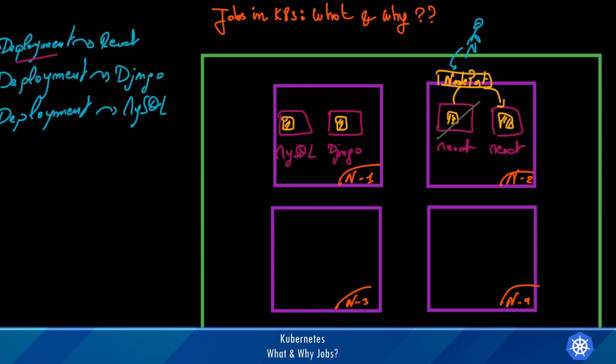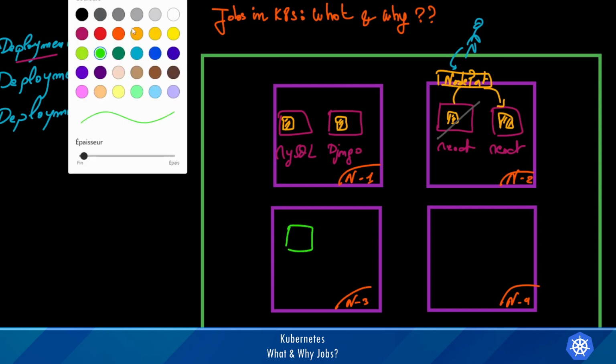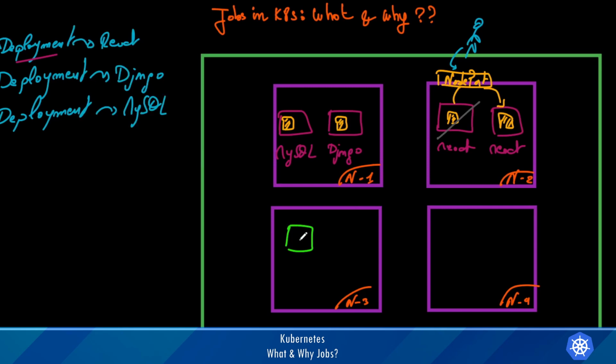But in other cases, we want to deploy applications, but we don't want them to be always up and running. For example, we can deploy an application just to perform a specific task in the cluster, and then we don't need this application in the cluster anymore.